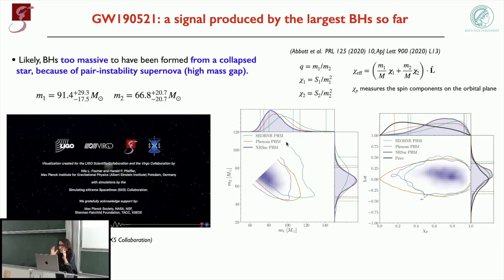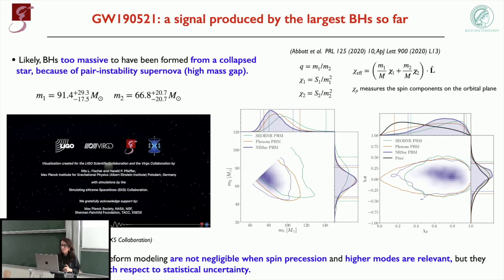You see these differences that you didn't see in the plot before, and these differences are not crucial in the sense that within 90% they agree with each other, but now if we improve the sensitivity of the detector, these 90% intervals are going to shrink, right? Because they depend inversely on the signal-to-noise ratio. If you don't improve the waveforms, the systematics can dominate the statistical error. That's why we have to improve them.